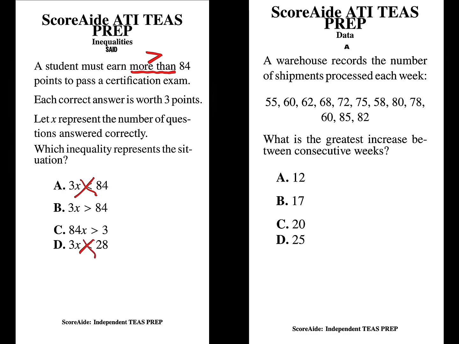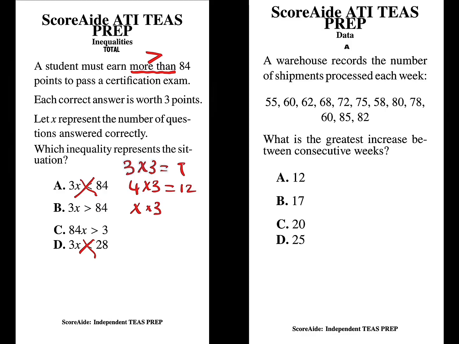Now, they said each correct answer is 3 points. Let us take for instance that you answer 3 correct. Therefore, you are gonna get what? 3 times 3, which is 9 points, right? Let's say you answer 4 correct. So you're gonna get 4 times 3, which is gonna be what? 12 points. So if you answer X correct, you're gonna get X times 3, right?